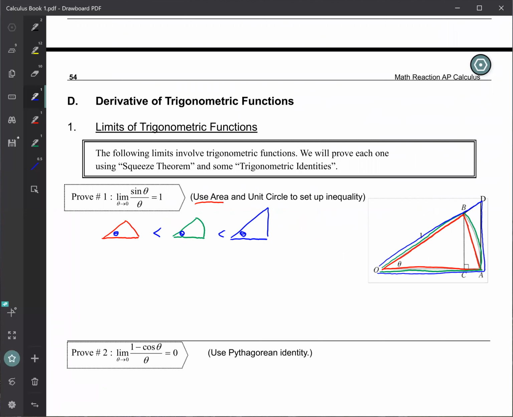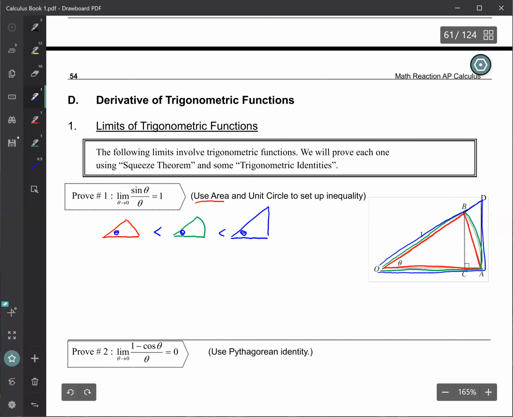For the first one, because this is a unit circle here, the 1 is from here to here, O to B. And then it makes the sector area, the radius 1.